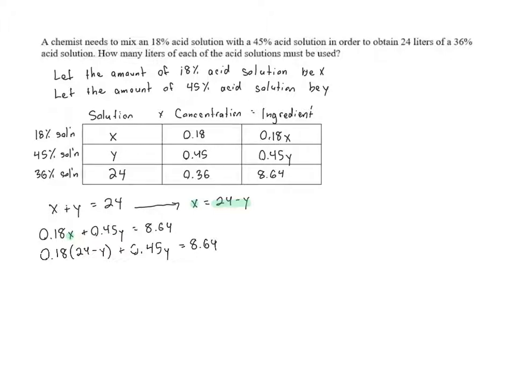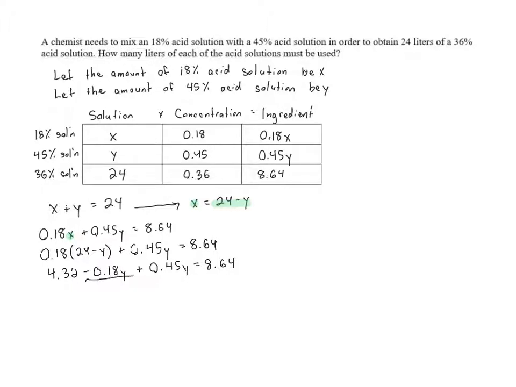When we do that, 0.18 times 24 is 4.32. So we have 4.32 minus 0.18y plus 0.45y equals 8.64. We can combine like terms now.